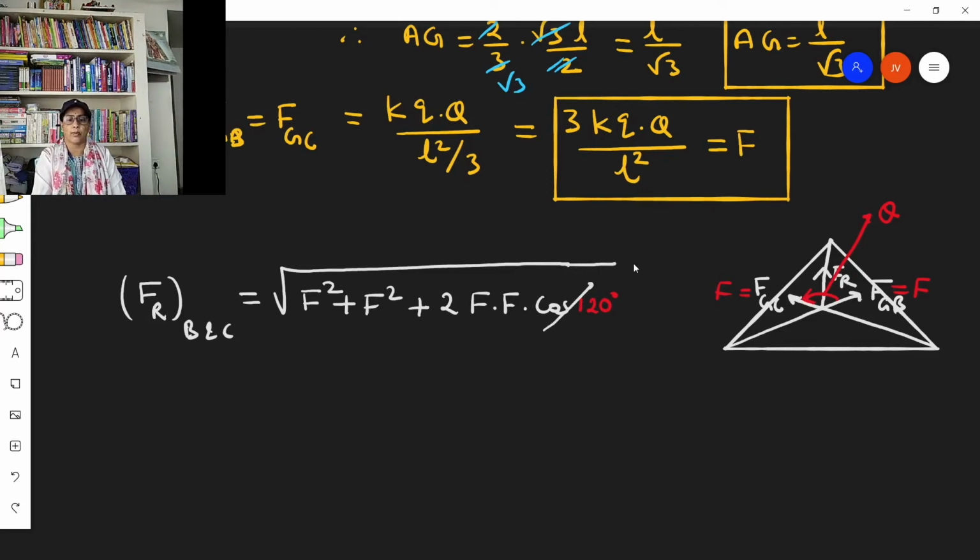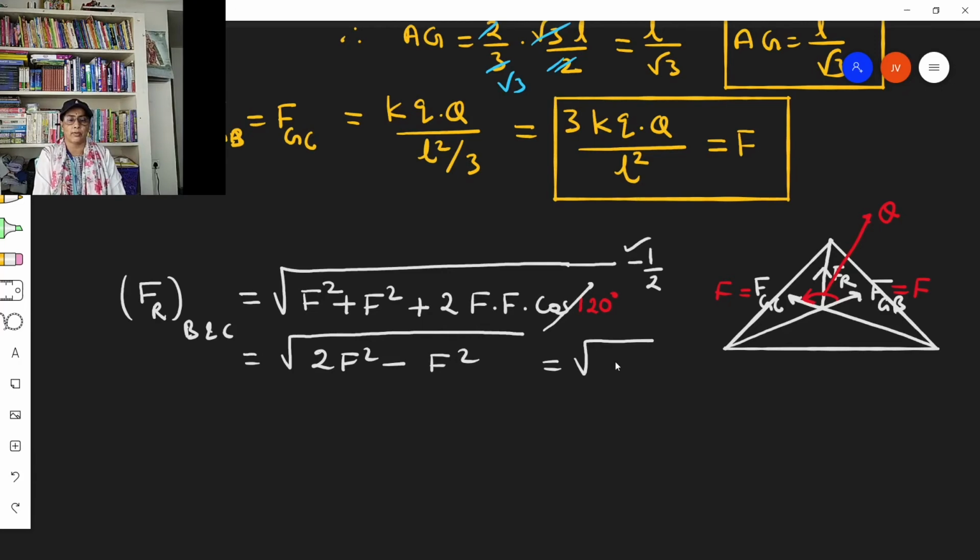And cos 120 is minus 1 by 2. Cos 60 is 1 by 2. Cos 120 will be minus 1 by 2. Ultimately, the resultant of these two forces is the square root of 2F square minus, because this minus participates here and 2 cancels, F into F, that is F square. So it is square root of just F square, or F.